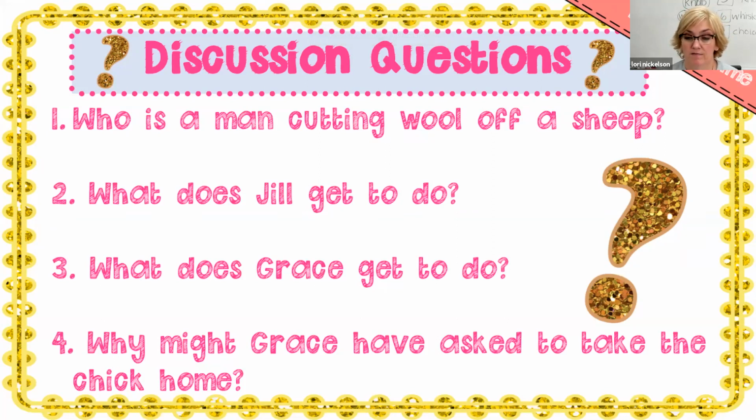He was the farmer there that was taking care of that, wasn't he? What does Jill get to do? Doesn't she sit and milk a cow? Mm-hmm. What does Grace do? She's petting a bunny rabbit, and then she holds a chick. Why might Grace have asked to take the chick home? Well, they do live on a farm, and maybe she wants to just have a chick at home as a pet.